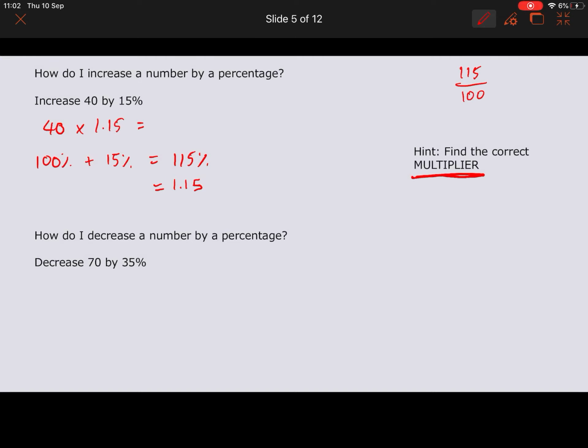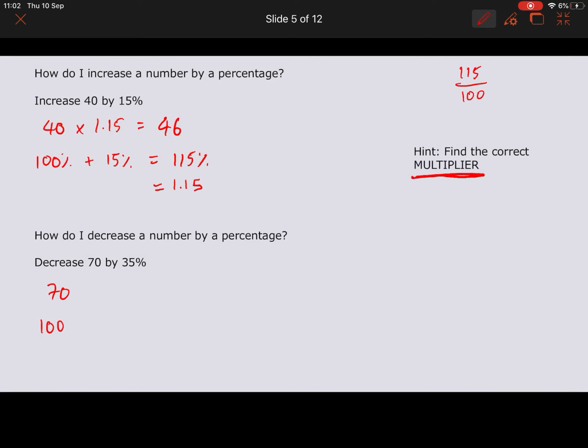Okay? So that would become 1.15. So that's the correct multiplier, and since it's called a multiplier, it's there to remind you that you need to multiply that number there. Okay? Now you can use a calculator, you will find that that is equal to 46.